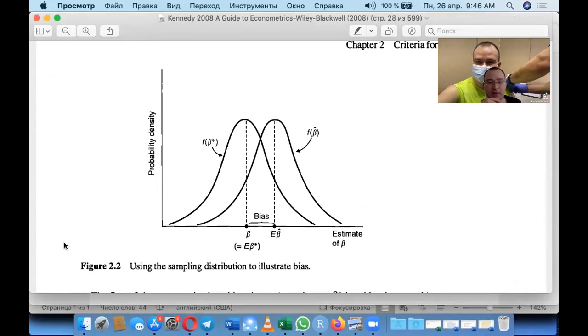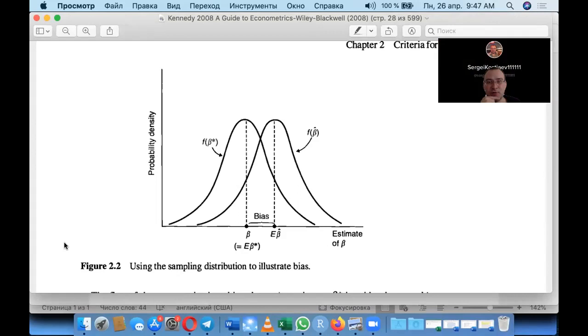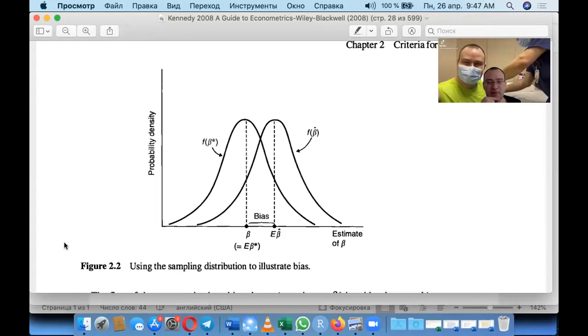So when you take a bunch of samples and you have a bunch of parameters, for instance the mean of your particular variable, and if they're very close, it means that you have this unbiasedness quality.